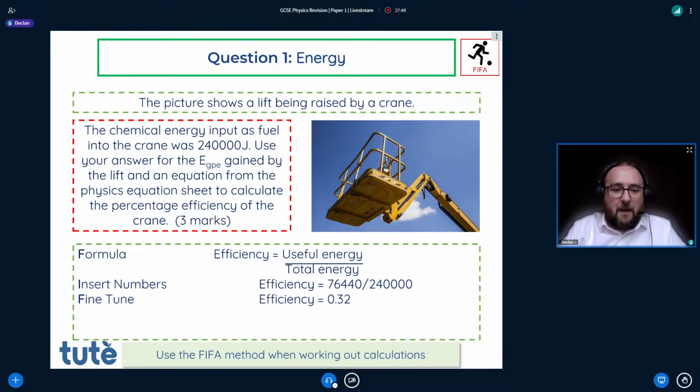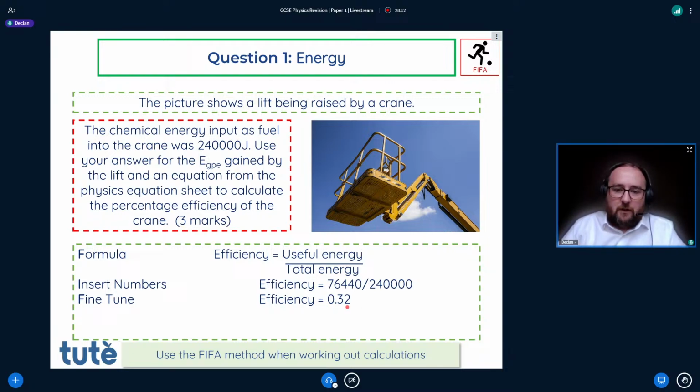Then our next step is doing some fine tuning. It's asked for percentage efficiency. We've now worked out the efficiency, which is 0.32. If you get a number bigger than 1, you've done something wrong. A little trick you can try is flipping those numbers around, as maybe you've divided the wrong way around.